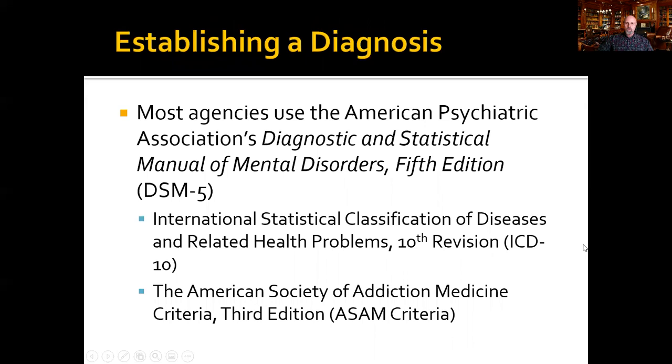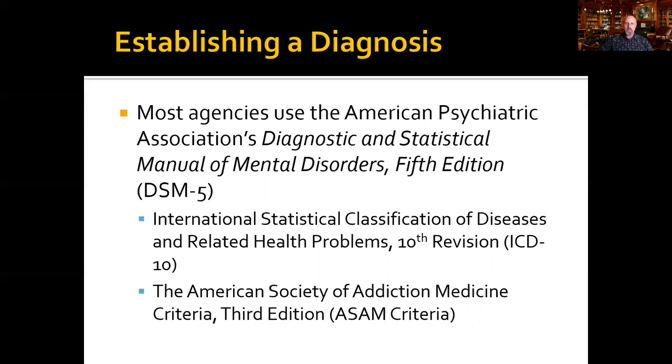Most agencies will use the American Psychiatric Association's Diagnostic and Statistical Manual of Mental Disorders, the 5th edition, or the DSM-5. Most of you have probably already heard about the DSM-5 as you've moved your way through the AODS program. There is another classification out there called the ICD-10, which is an international classification of diseases and related health problems.